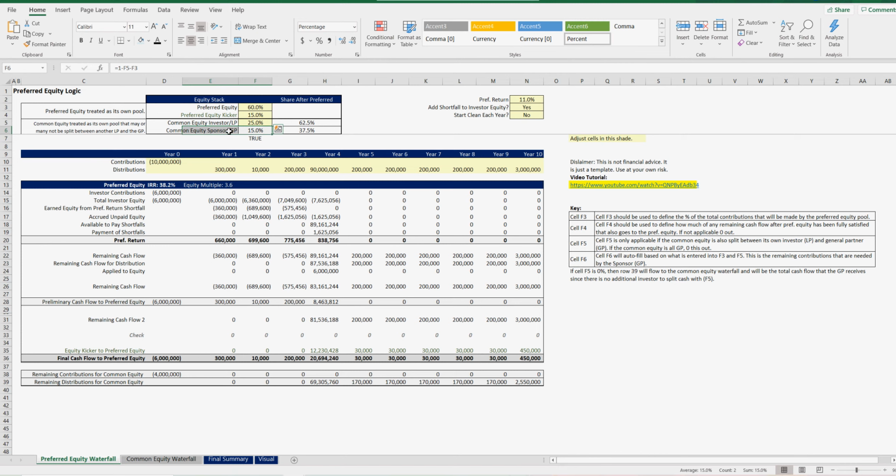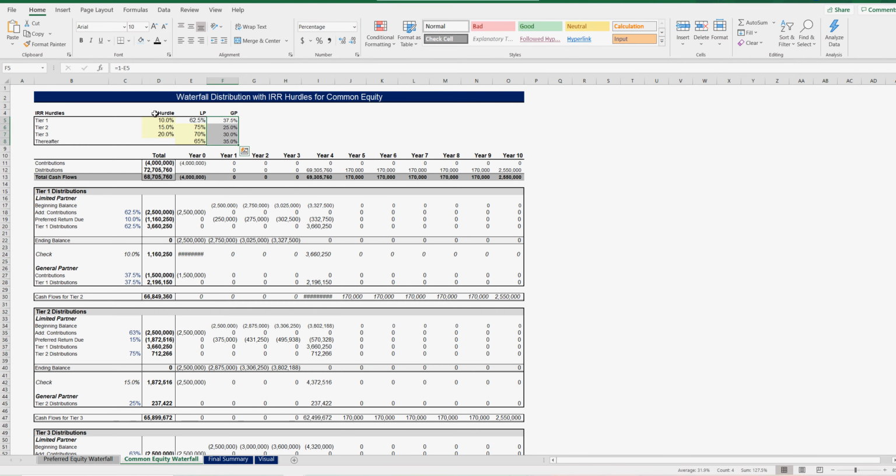So now you have a situation where you know what the pref equity is getting in their kicker. The remaining cash flow is then split yet another time between these two in more of an IRR hurdle situation like this, where you've got hurdles and the investor in this case is still willing to give up some of their share.